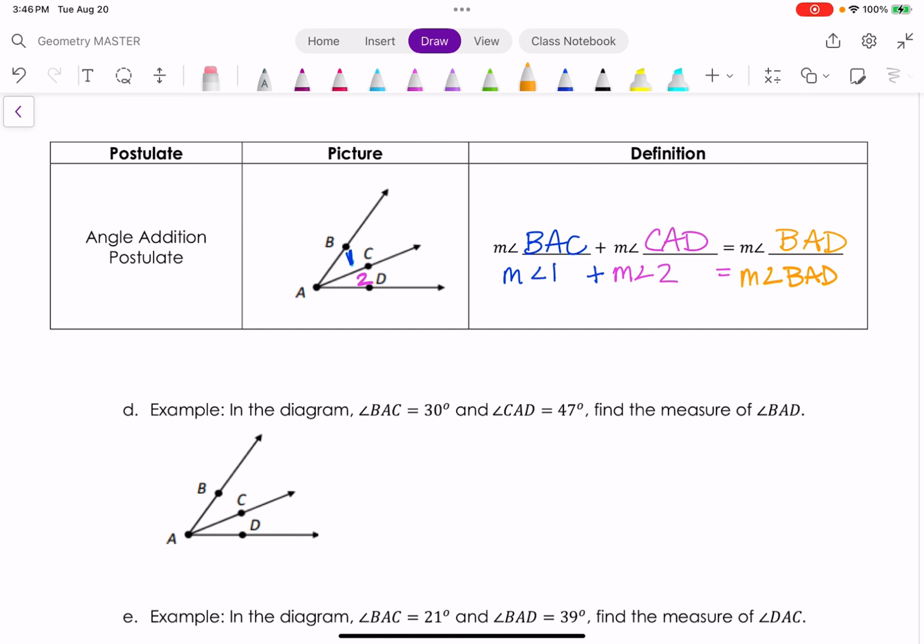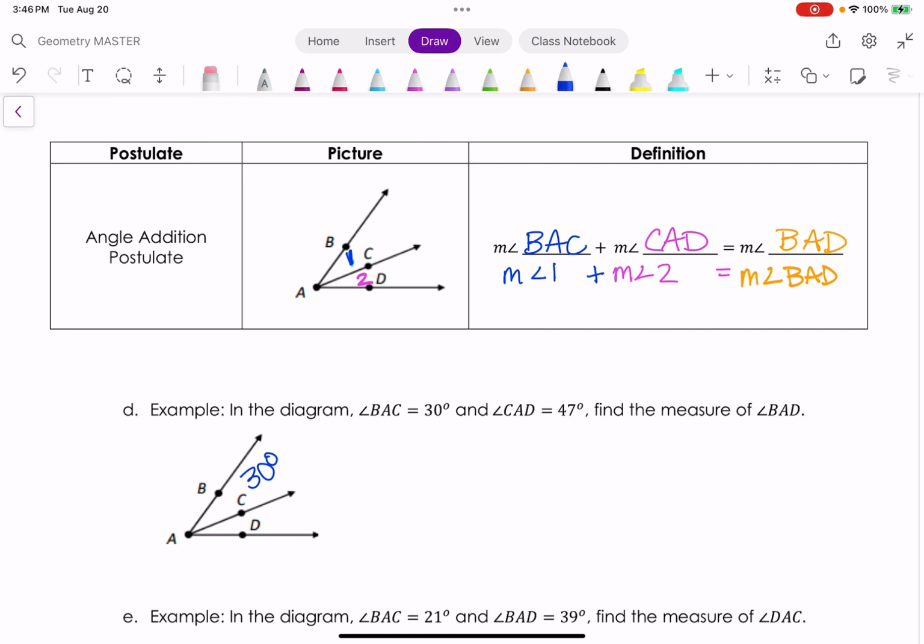And I would like to point out to you that the M in front of there means measure of. So when we look at example D, we see in the diagram angle BAC equals 30. So I'm going to go ahead and start labeling this. This equals 30 degrees.